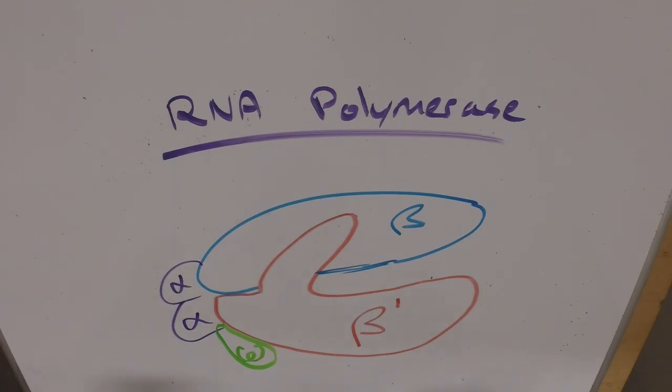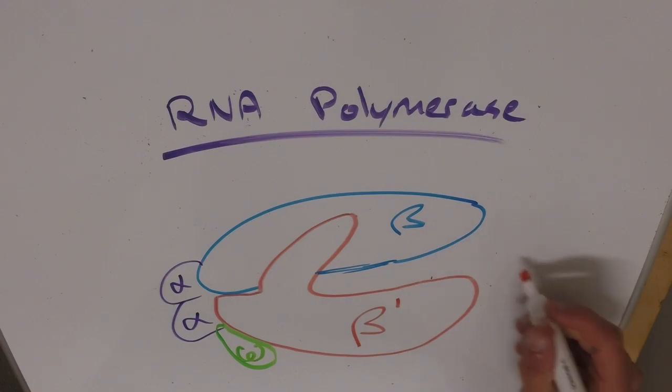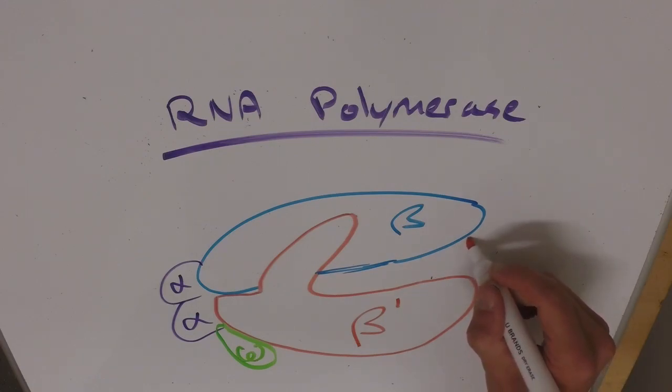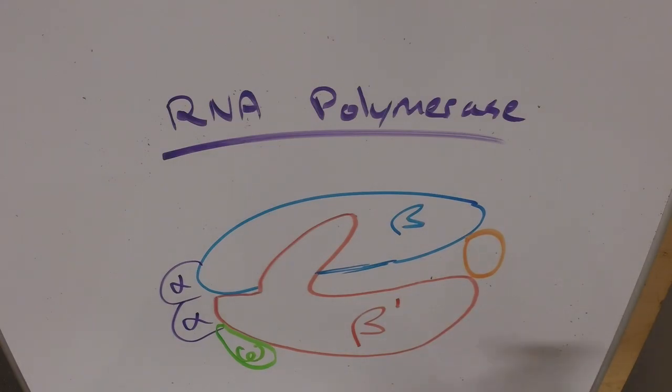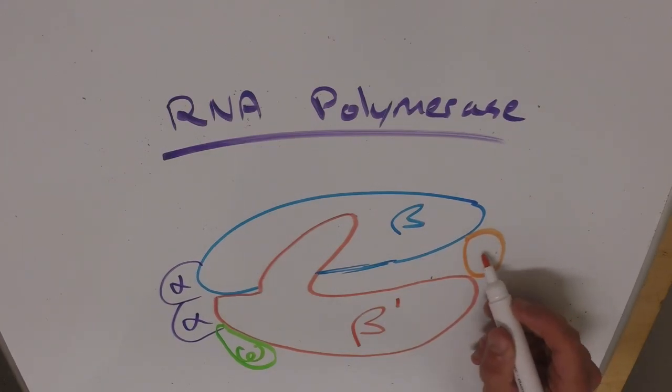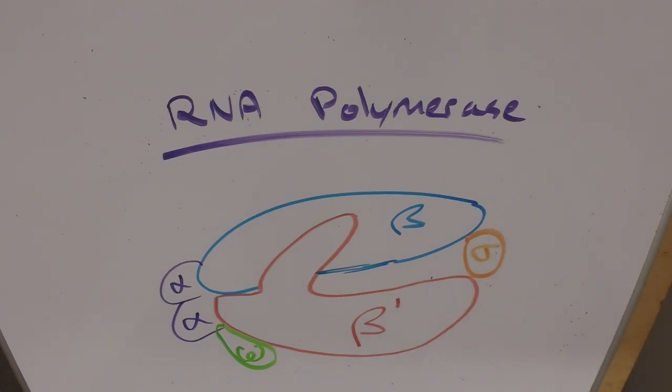It isn't directly attached at all times. It acts more like a cofactor. But when it is attached, it will attach right here. And that is a sigma subunit.